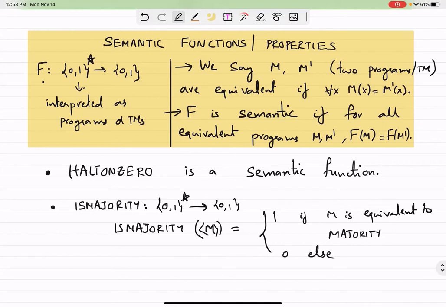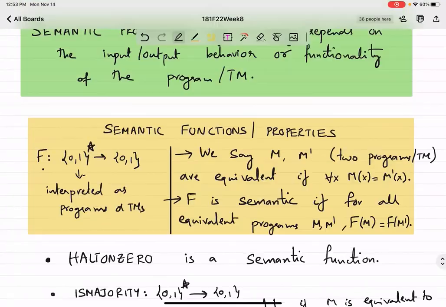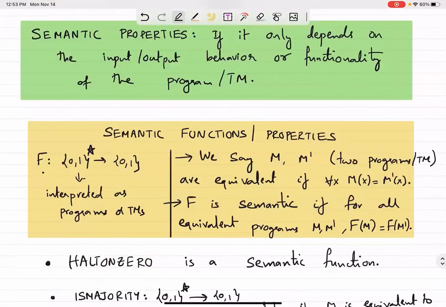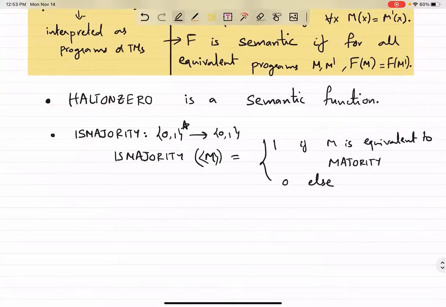Remember, it doesn't exactly matter how we define the majority function, but we have this majority program. We took an input string and checked if the input string had at least as many ones as zeros. Is majority something that just checks, given a source code, is it exactly computing the majority function or not? This is hitting the bullseye on whether my program meets the functionality that I want. If I can do this for is multiplied, then I'm able to check in an automated way whether it's exactly computing the multiplication algorithm.